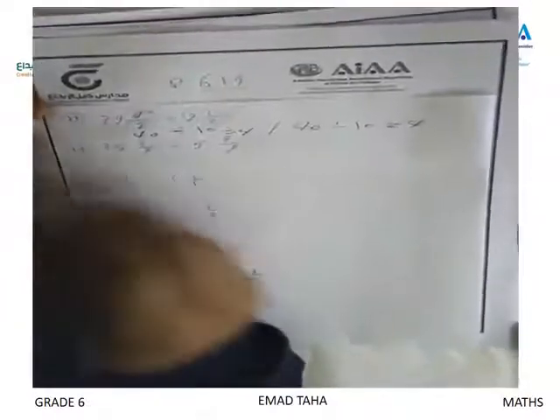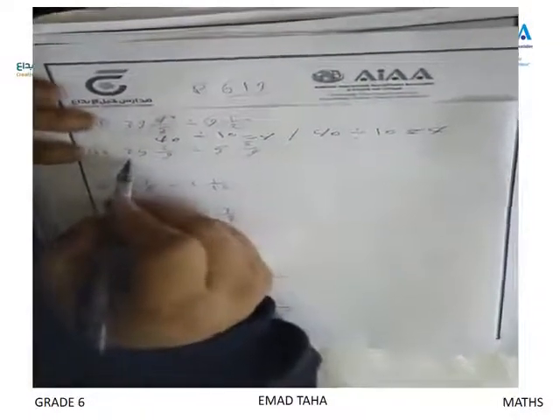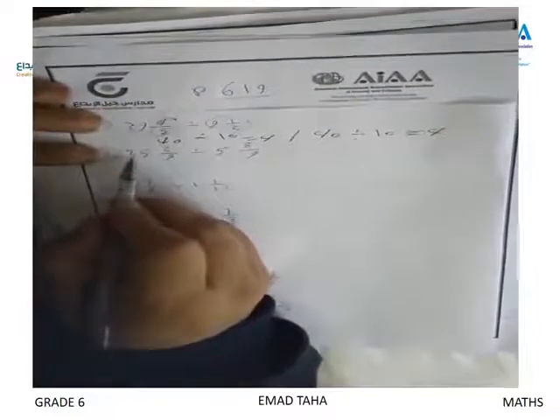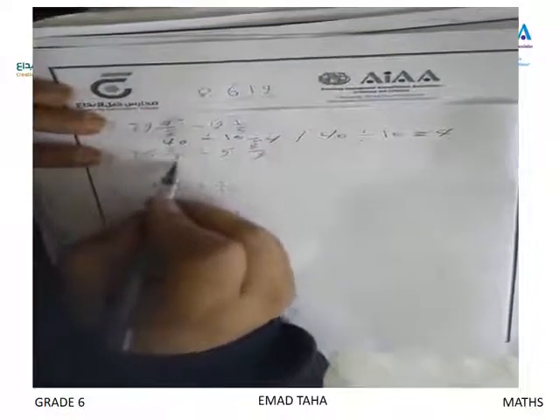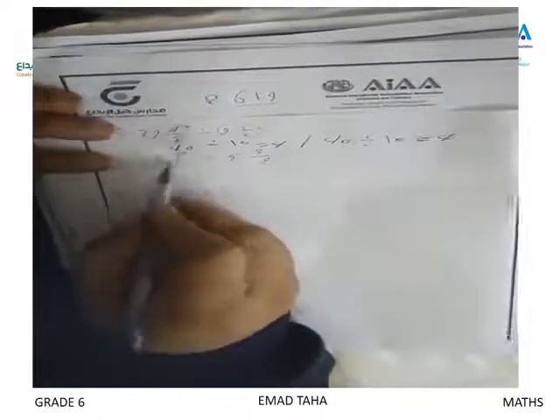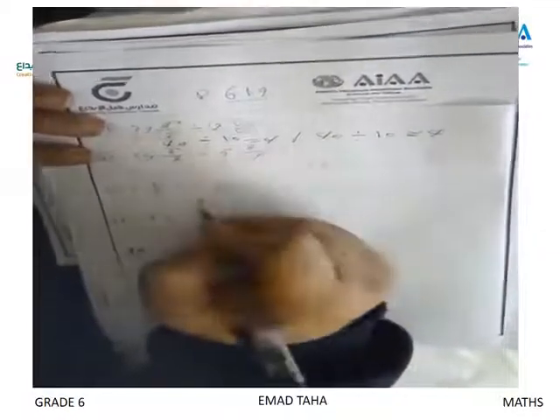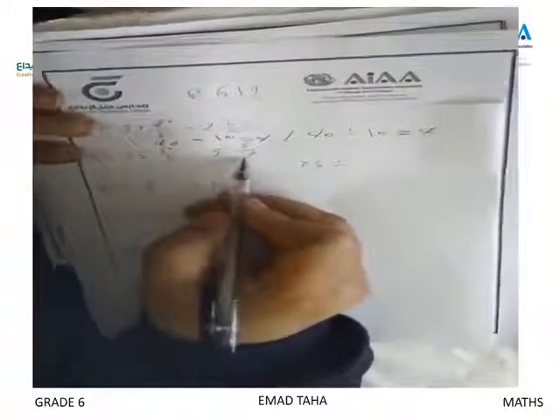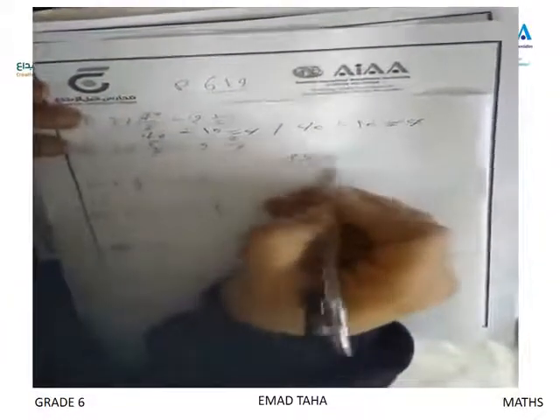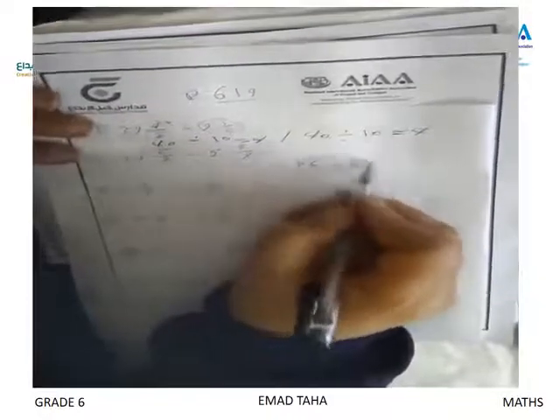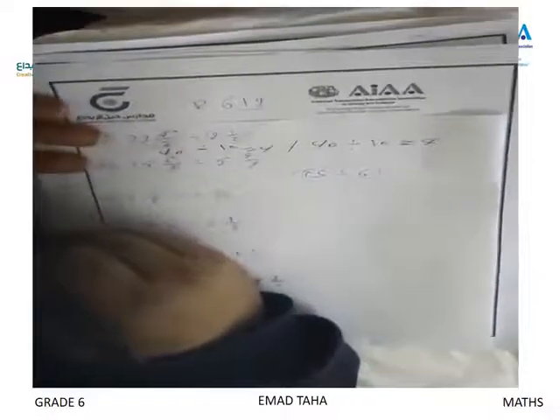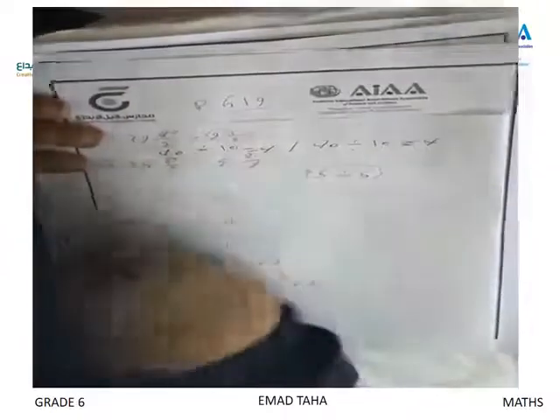Look here. If we use rounding here, 35 and 2 over 9. 2 over 9 is smaller than half because half of 9 is 4.5, so it will be 35. Divided by 5 and 8 over 9, greater than half, so it will be 6. So 35 divided by 6, it can't be done evenly. So this method doesn't work here.